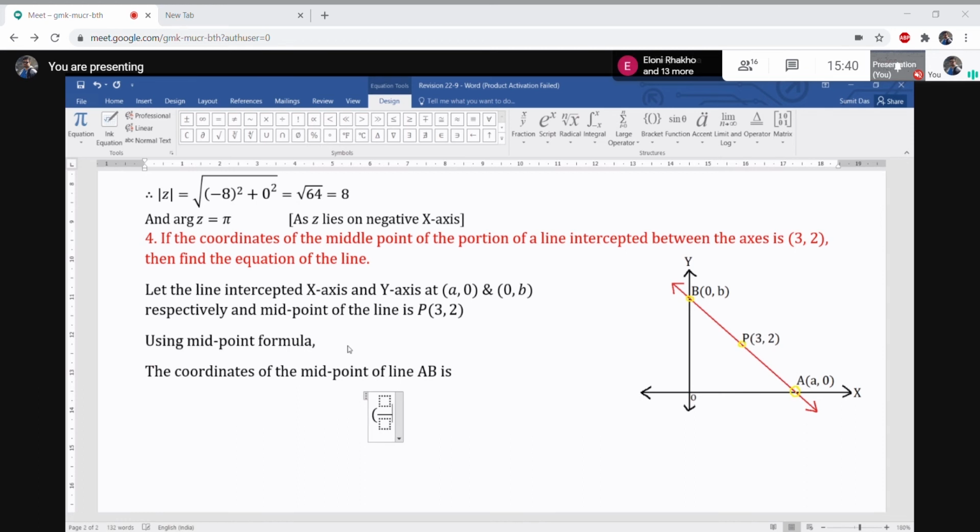What is the formula? (x1 plus x2) by 2. So what is x1? x1 is a, x2 is 0. So (a plus 0) by 2, then (0 plus b) by 2. If you simplify this, we'll get (a by 2, b by 2).